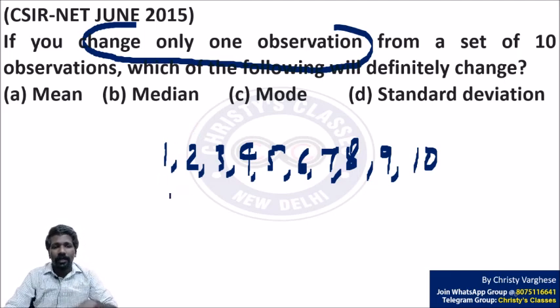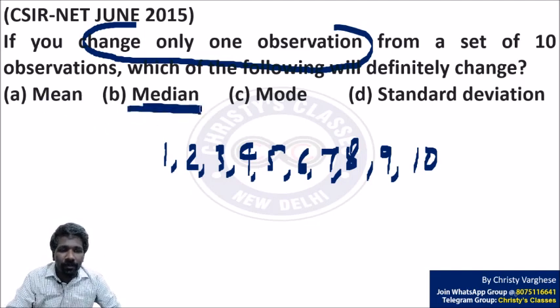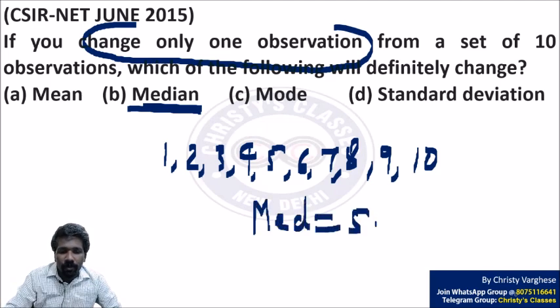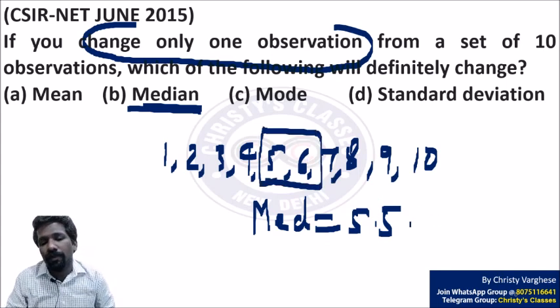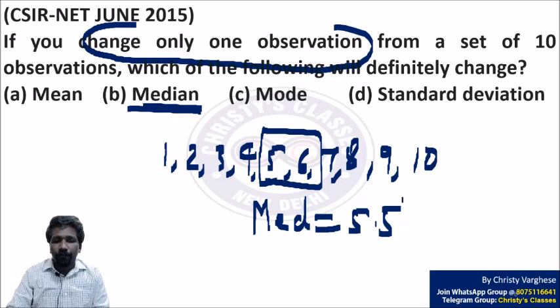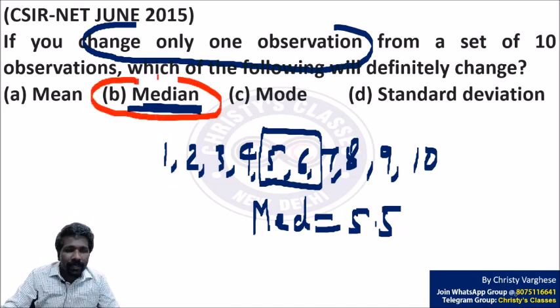So here we will analyze the median first. Will the median change? The median of this observation is 5.5, because with an even number of observations, as we discussed earlier, it is 5 plus 6 by 2, so 5.5 is the median. If you change only one value, for example, I will take a counter example to say that option B is not the answer.